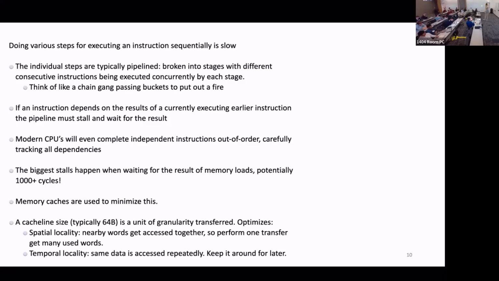Okay, so that's why GPUs are actually more interesting these days, because they put more of the effort into the execution rather than cache sizes, and augment that with high-speed memories instead. Okay, so the cache line size, typically 64 bytes, is the unit of granularity transferred. If you access 1 byte, you get 64, whether you like it or not, right?